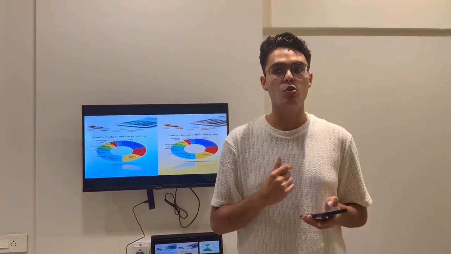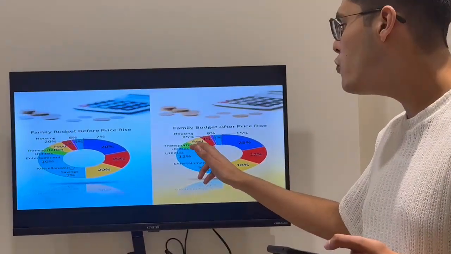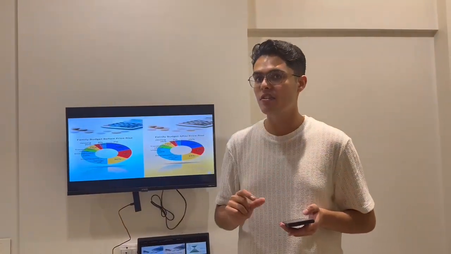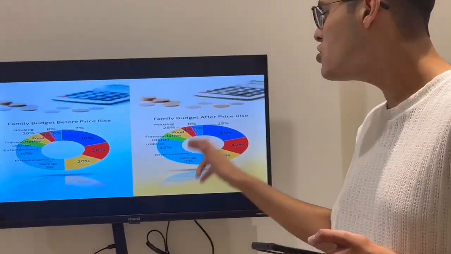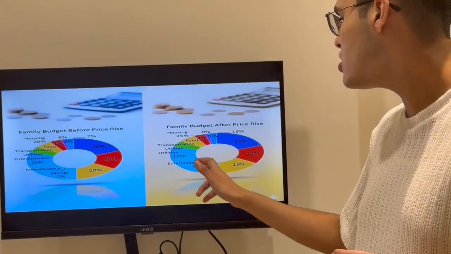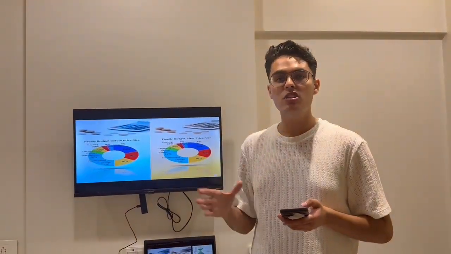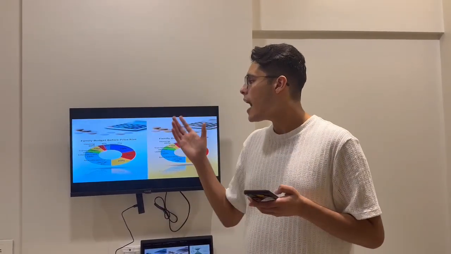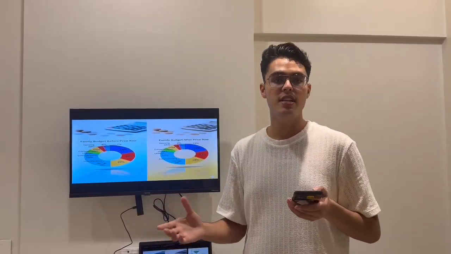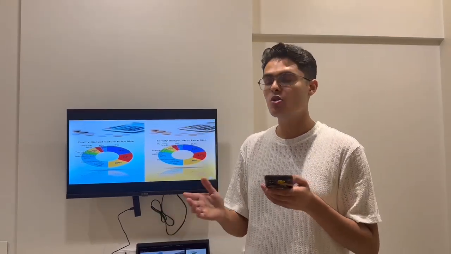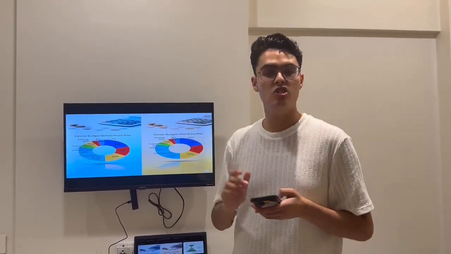But when the prices rose, my food budget increased to 25%, so I was spending 2,500 out of 10,000 on that, my savings reduced to 3%, and entertainment and miscellaneous decreased to 7%. So I faced a budget constraint, and I had to switch over to other commodities. This is what budget constraint is all about: it represents the limits of a consumer's spending.